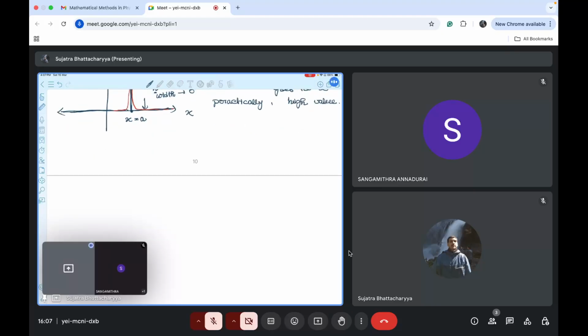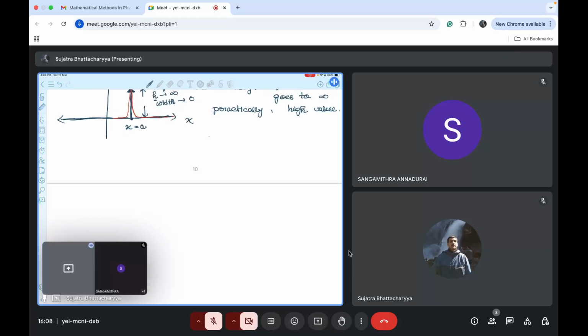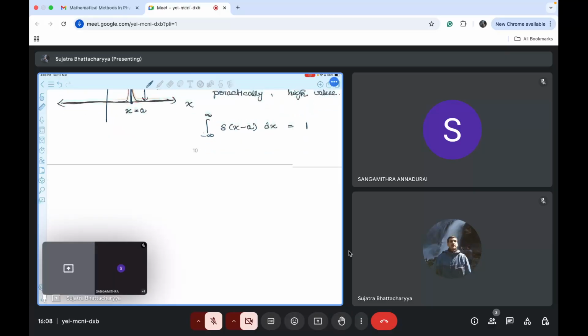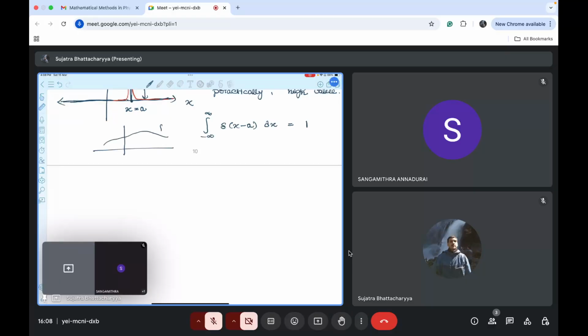Another important thing for Dirac delta is that if you integrate from minus infinity to infinity, or 0 to infinity, it doesn't matter, you take delta x minus a dx, you will always get it equal to 1. What does the integration of a function mean? Suppose you have a function f of x and you are integrating it from here to here.